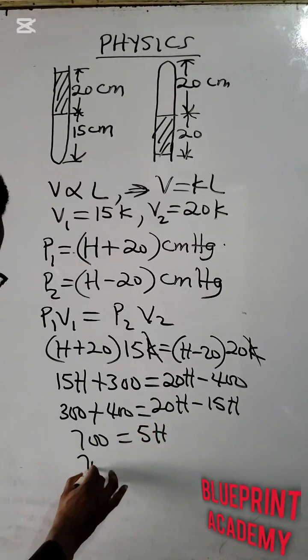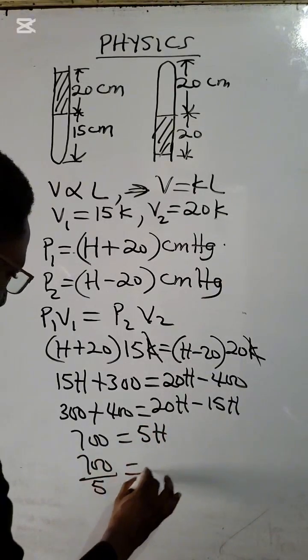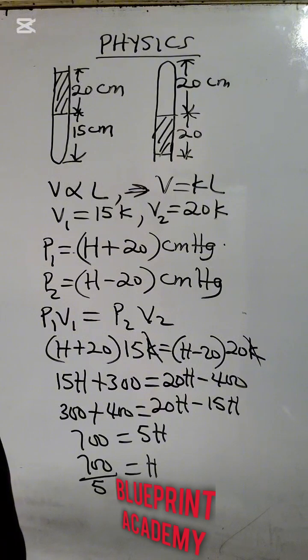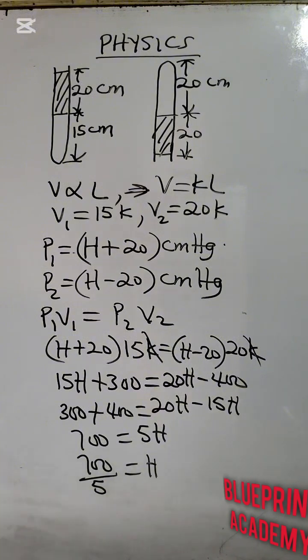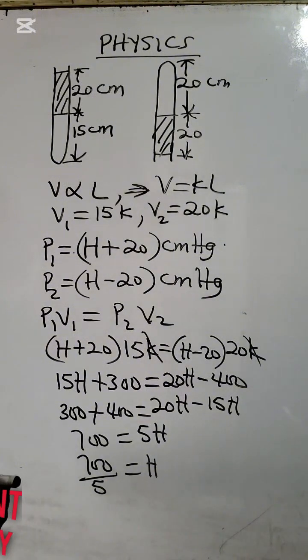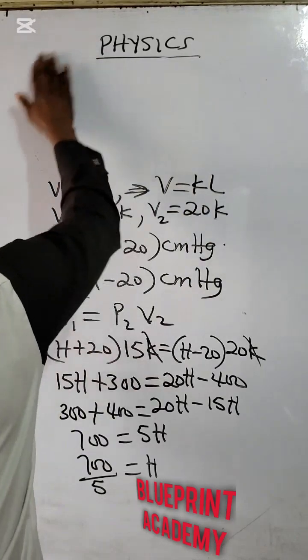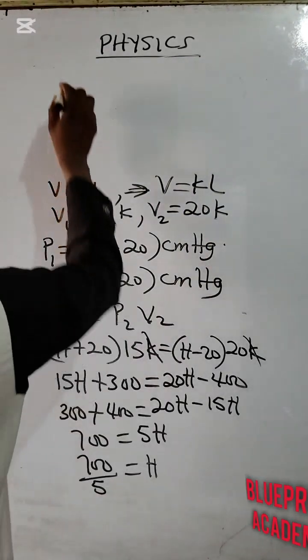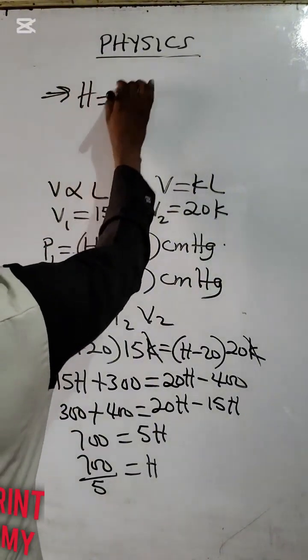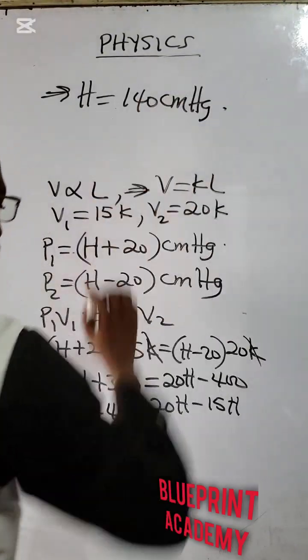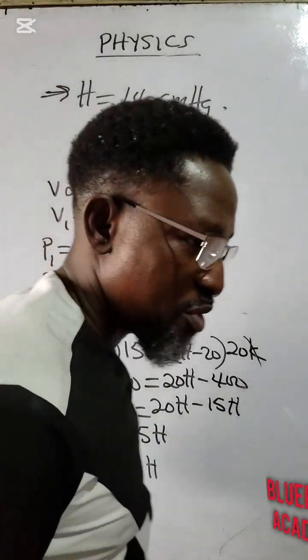So I divide 700 over 5, and that will give me the atmospheric pressure, and that will be 140 centimeters of mercury. 140 centimeters of mercury. That is the atmospheric pressure.